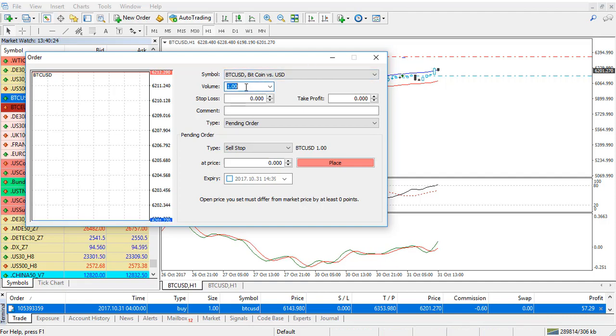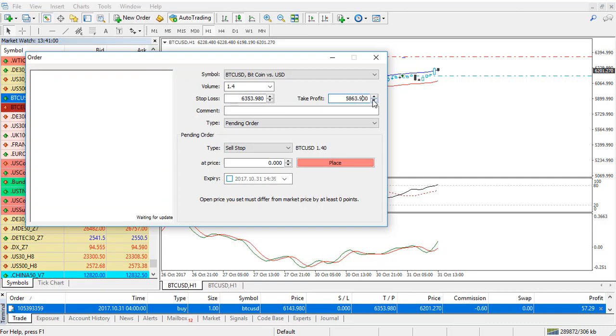So the order will be executed when the price reaches this level of $6,073.98, and here of course you need to change it to 1.4. So 1.4, but make sure you write it without the comma, but exactly this way. So the stop loss, guys, is the same as the take profit from our first trade, which is 6353.98. Okay, and our take profit, we said it's 5863.98, and we need to enter the price as well.